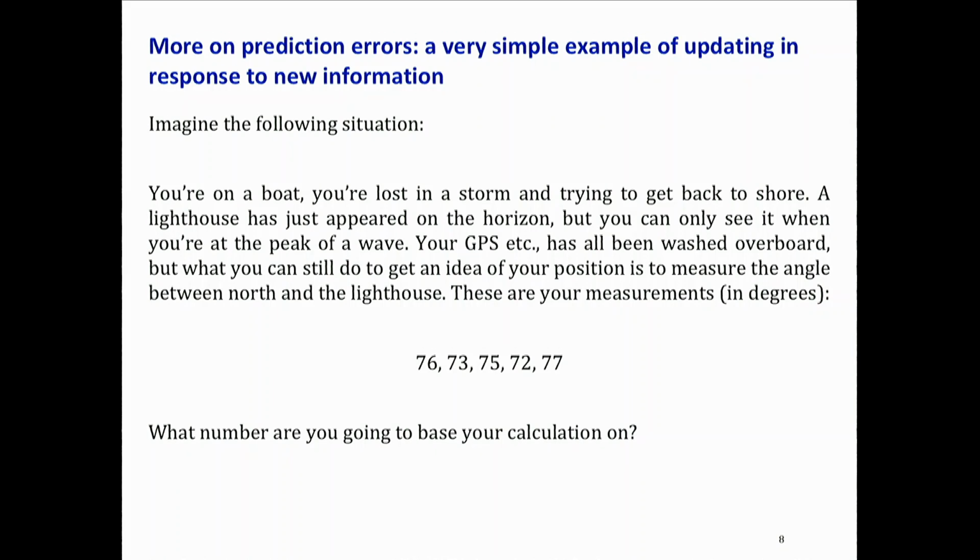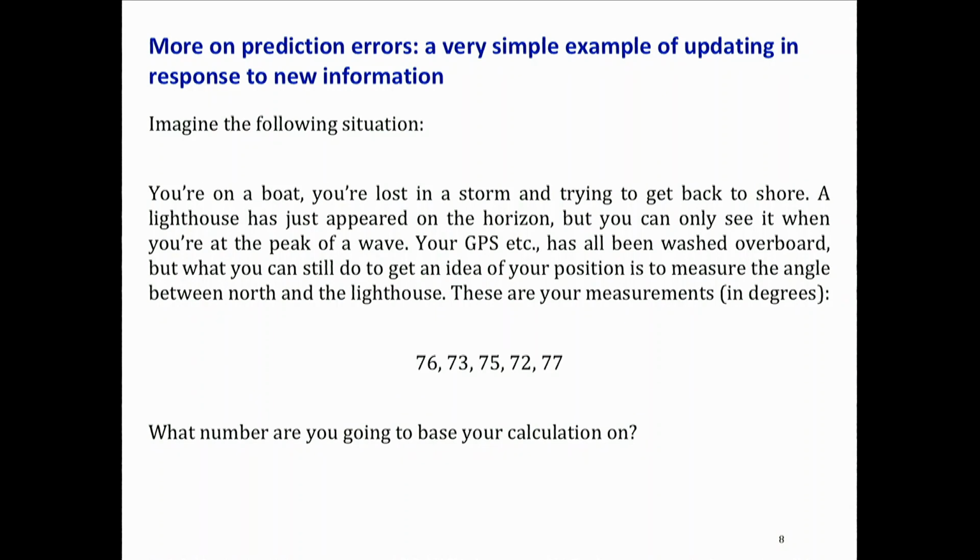And in order to do that, you need to determine your position, and all you can do is measure the angle between the north and the lighthouse. Now, you make a few observations while you're at the top of a wave, and those are your observations: 76, 73, 75, 72, and 77.